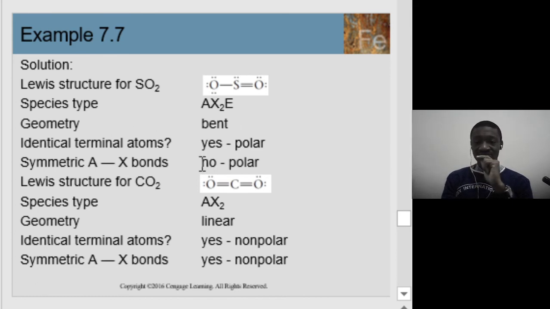So is it symmetric? No, it's polar in this case. Not in all cases, but because of the presence of the lone pair. Then we have the next one, which is linear, it's not bent, and it has identical terminals, yes, which makes it non-polar. It also has symmetry, which makes it non-polar.